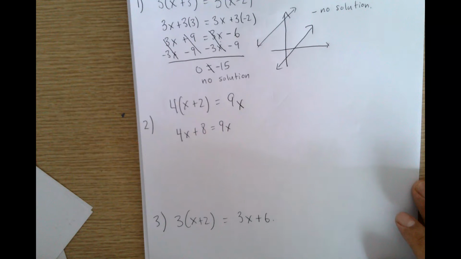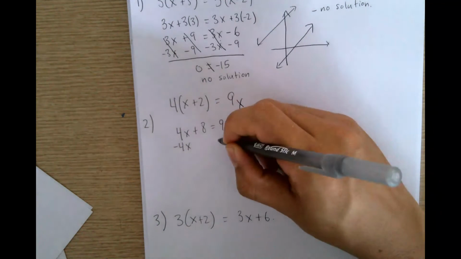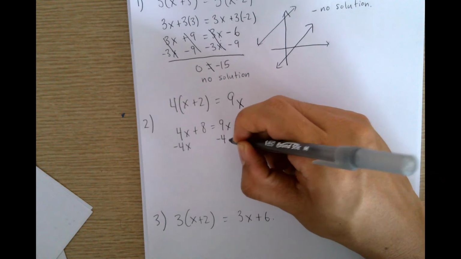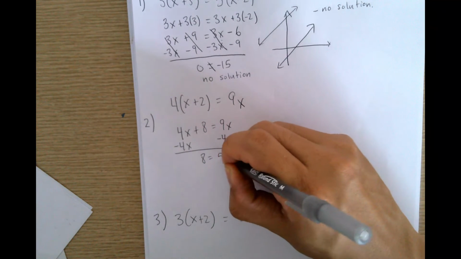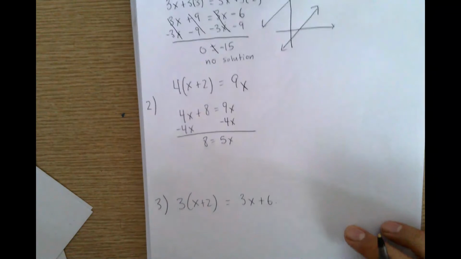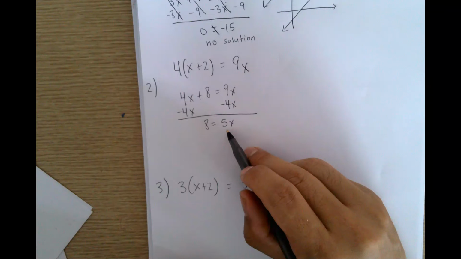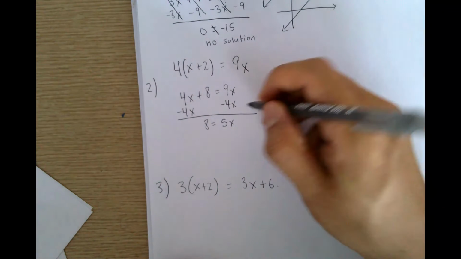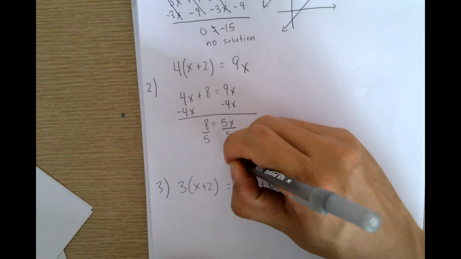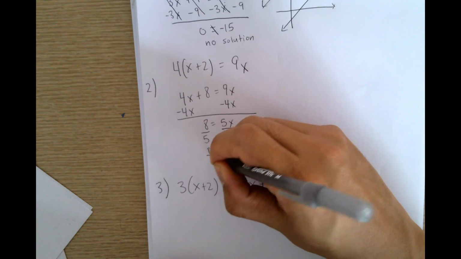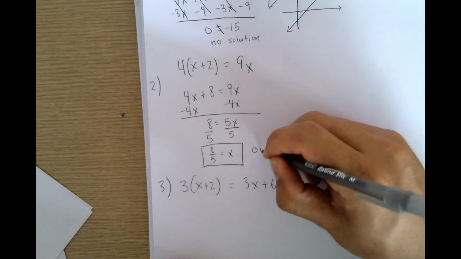The next thing we would do is move all the variables to one side, and we would get 8 equals 5x. Then we try to get rid of the coefficient, which is the number in front of x, so we divide by 5 on both sides, so x would equal 8 divided by 5. So in this case, we have one solution.